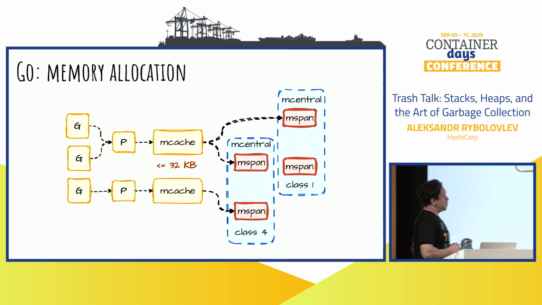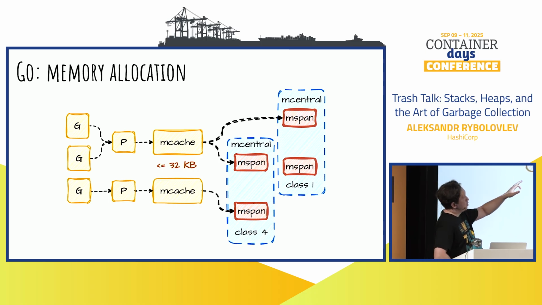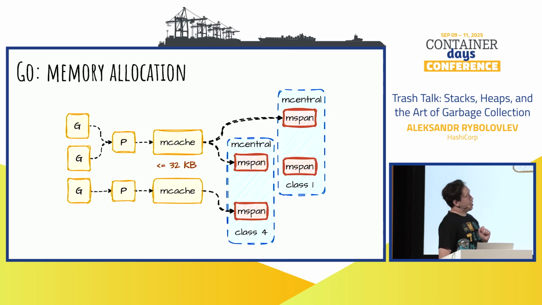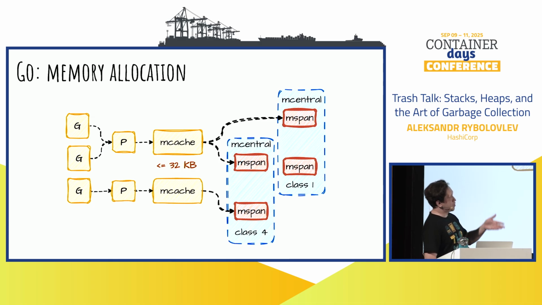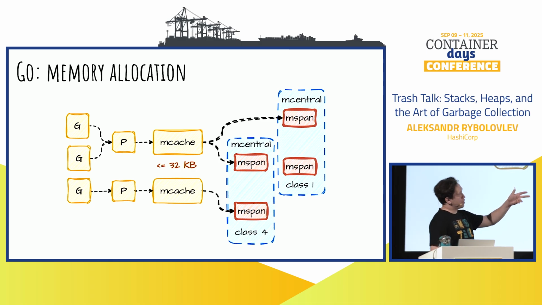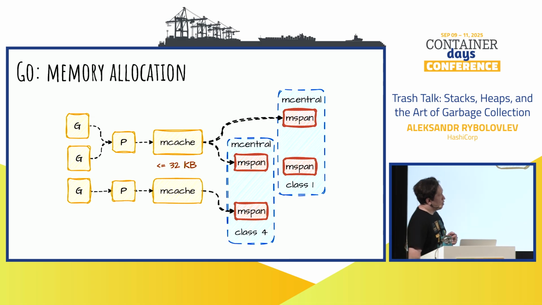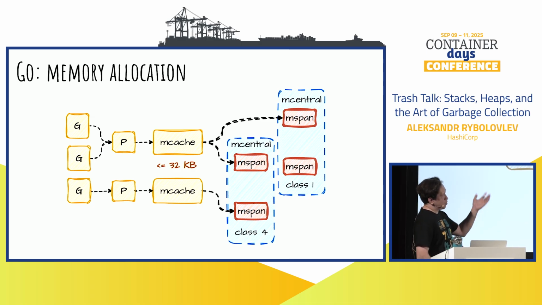So for example, if your M cache fully utilized an M span and it needs to store more objects of this specific class, M cache will go ahead and request an additional M span from the M central. In this case, class 1 has an additional available M span that's not occupied anywhere, so M central will give it to one of the M caches on request.